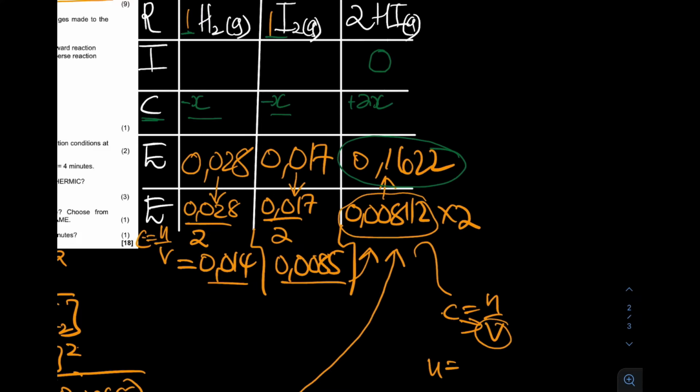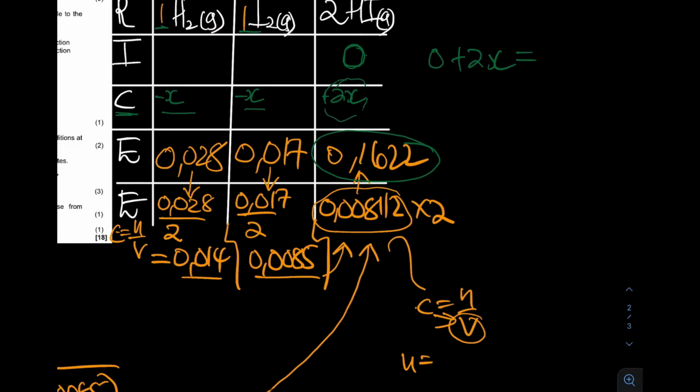We will say 0 plus 2x. We take what is formed there and what has been formed there. So it's going to be 0 plus 2x is equivalent to 0.1622, and then we'll have 2x is equal to 0.1622, and then we divide by 2 both sides.